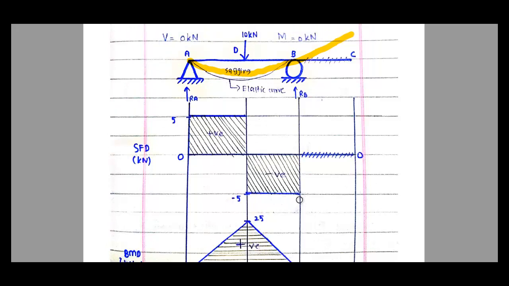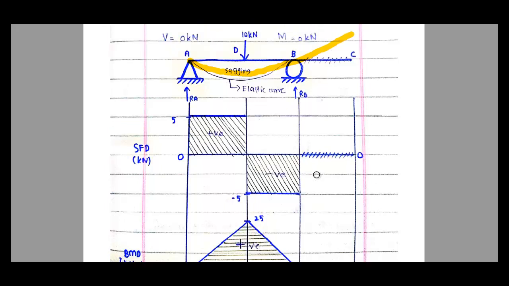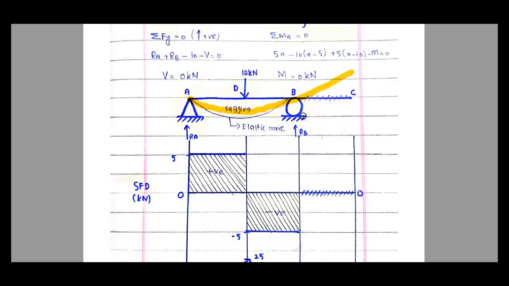Okay, so these shear force and bending moment diagrams also seem okay. In the part where the shear force and bending moment are 0, you don't have to do this hatching. If you want, you can do that, but it's not required. And then the elastic curve.